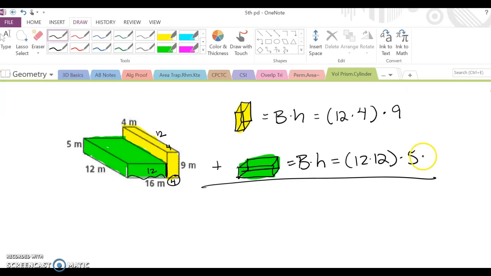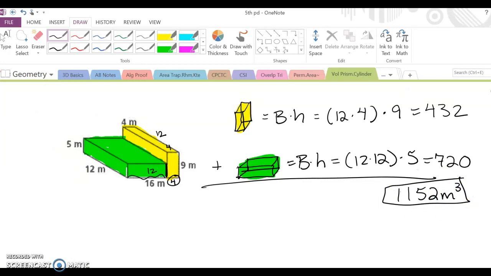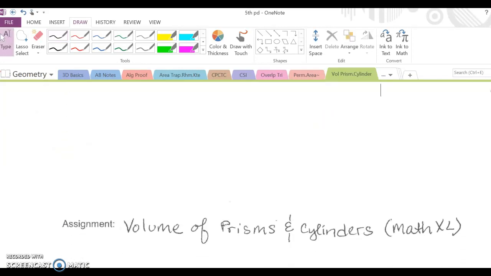I'm getting 720 for the green prism, and it's 432 for the yellow prism, and we add those together, and we get 1,152 meters cubed.